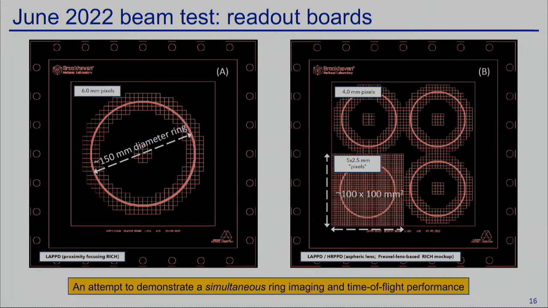We expect around 100 photoelectrons given the quantum efficiency and the thickness of the material. The idea is that we want to demonstrate simultaneous ring imaging and time-of-flight performance in the same setup, because this is one of the configurations proposed for EIC in particular.